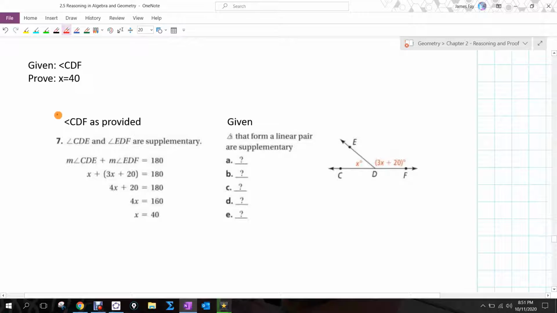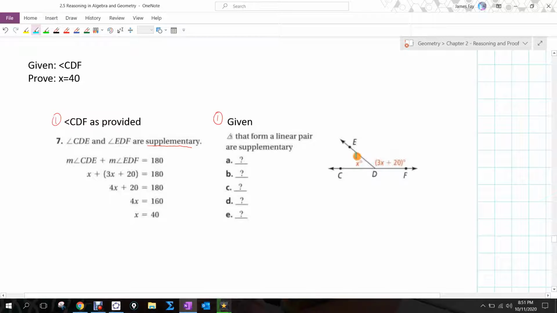So we've got, and I know I don't have these labeled very well, step 1. Okay, statement 1, reason 1. Statement 2 says angle CDE and angle EDF are supplementary. Okay, well, how do I know that these are supplementary?